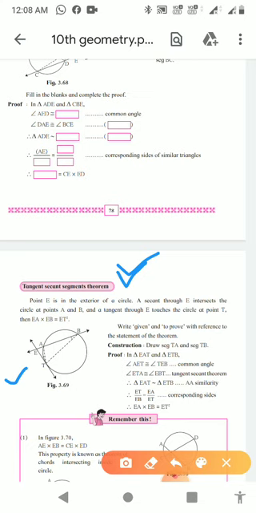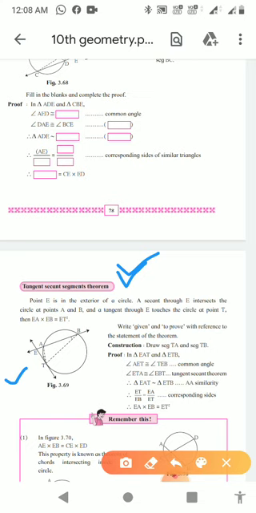Up to here, this data is given. Then we have to prove that EA into EB is equal to ET square. This is what we have to prove.